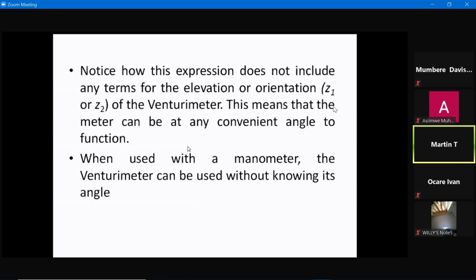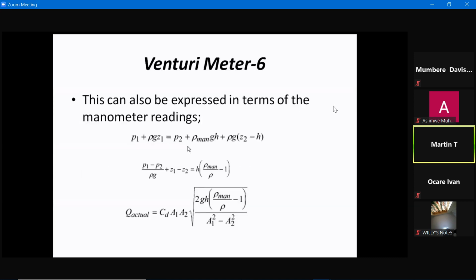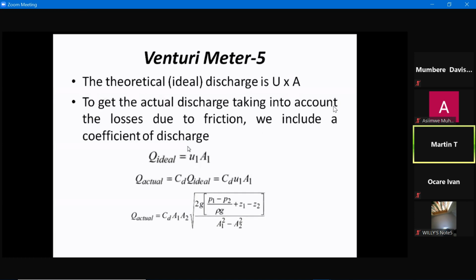Then you can as well, you see, this is a derivation that we got, which has pressure 1, pressure 2, Z1, Z2. Z1, Z2 can already be determined if you know the orientation of your pipe or the duct. A1 and A2 are known because A1 is the cross-section area of the pipe where the venturimeter is connected.